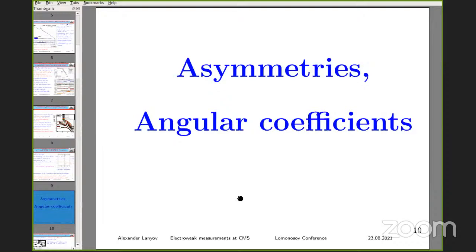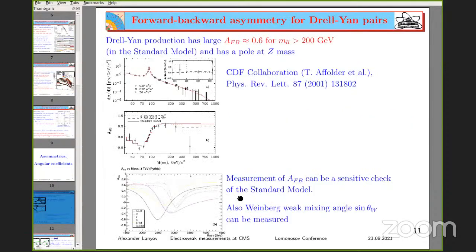Now I come to the next section, on asymmetries and angular coefficients. The first slide is a reminder of the forward-backward asymmetry for lepton pairs. It is known that this quantity has a large value of 0.6 for large masses in the standard model.